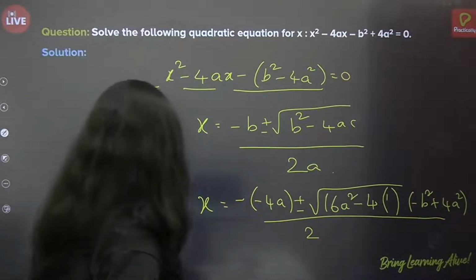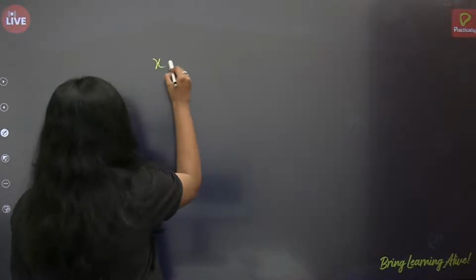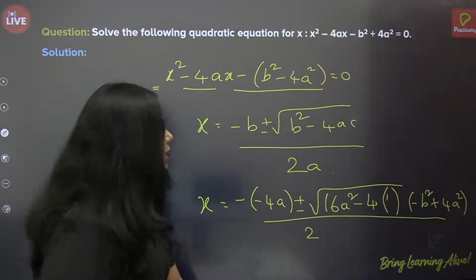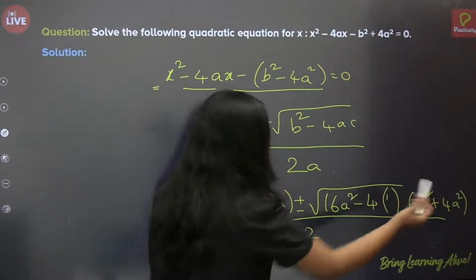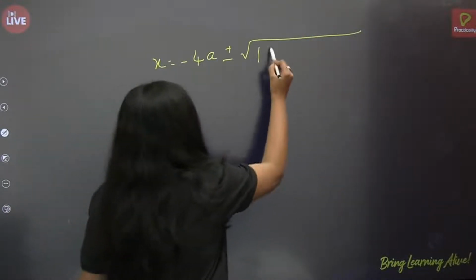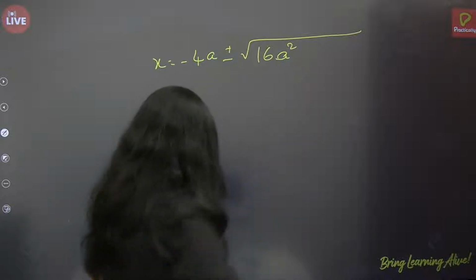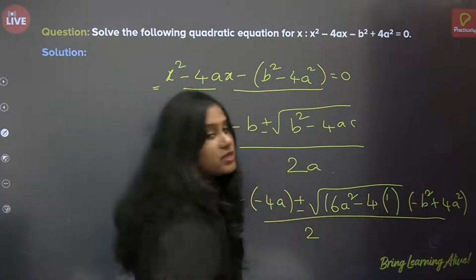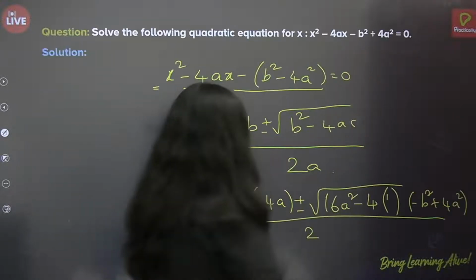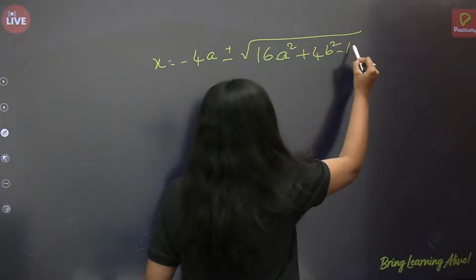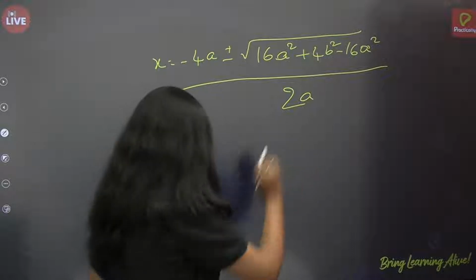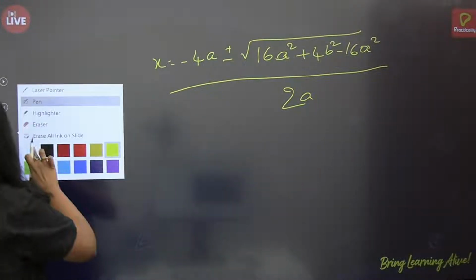Next, this will be minus 4a plus or minus under root of, what did we get here? 16a square minus 4 into minus b square plus 4b square minus 16a square, by 2a. Sorry, a is not needed, because a is nothing but 1.